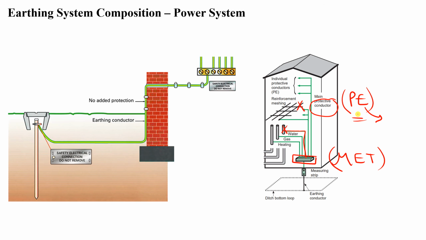So these protective earth conductors are the first part which we want to design. We want to know how to select the protective earth that connects the metallic enclosure and the main earthing terminal.